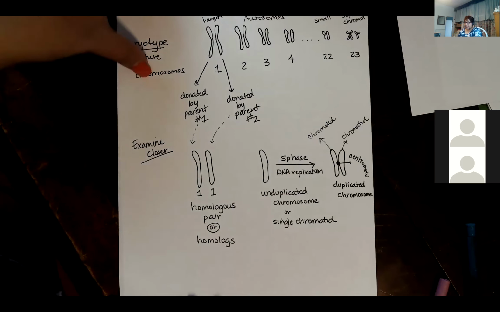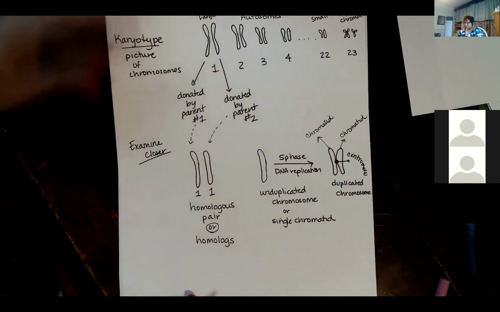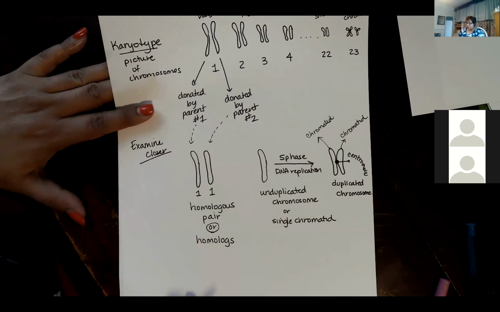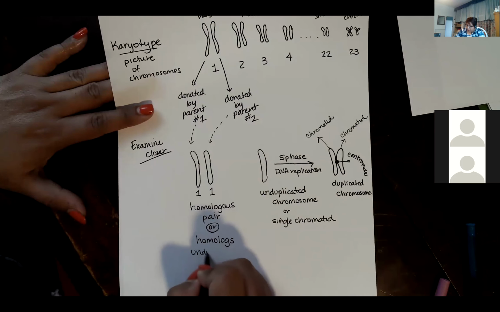Right, so a little explanation of what we're going to see in our drawings. When we see something like this, it is a homologous pair, or homologs, that are unduplicated.